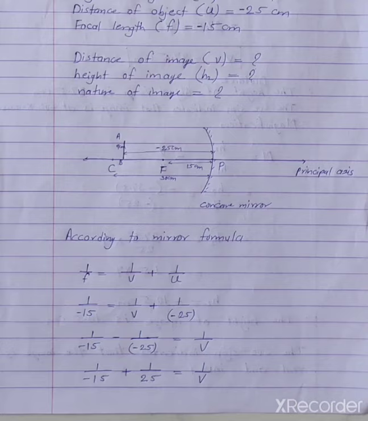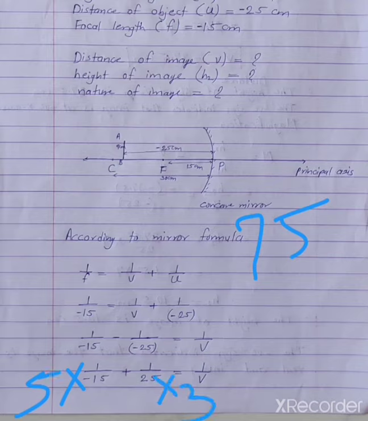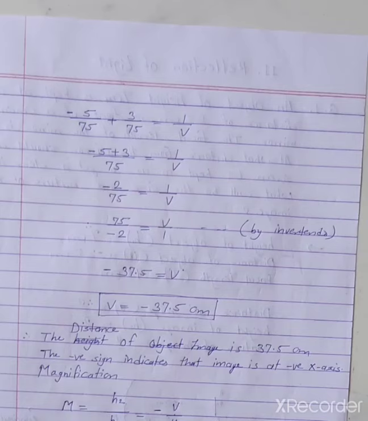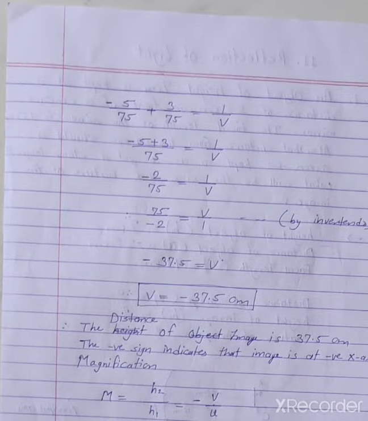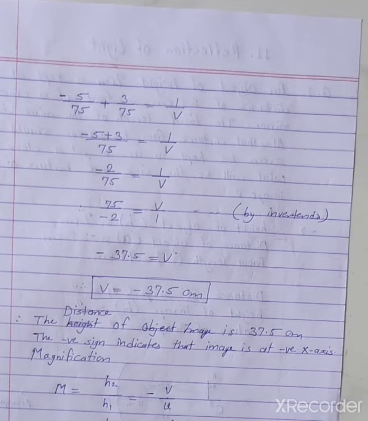Now the LCM of 15 and 25 is 75. So here we can convert it by multiplying by 5 and by multiplying by 3. When we multiply at denominator, we have to multiply at numerator also. So this is the next step. Now this 75 is a common term. So minus 5 plus 3 is equal to minus 2.